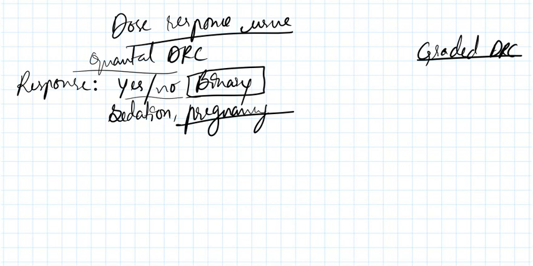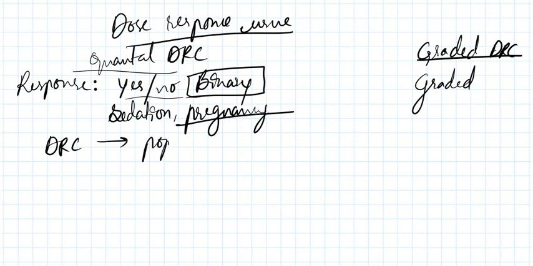But graded means the response will be graded according to the effect the drug has produced. The quantal dose response curve is seen in a population. Why?